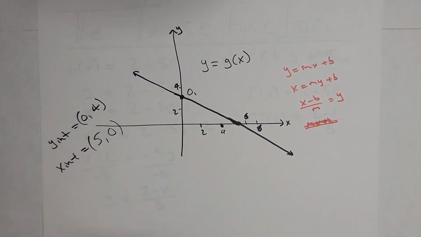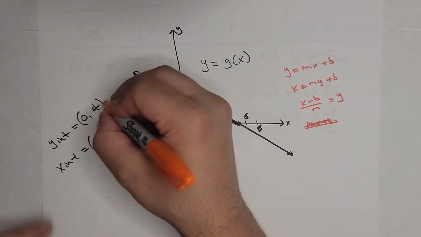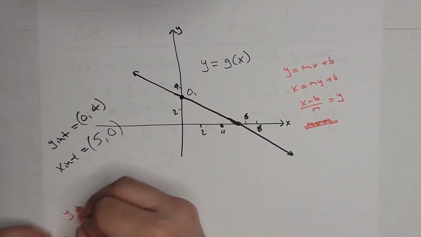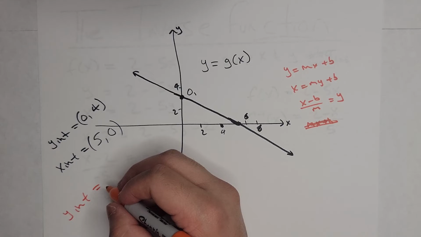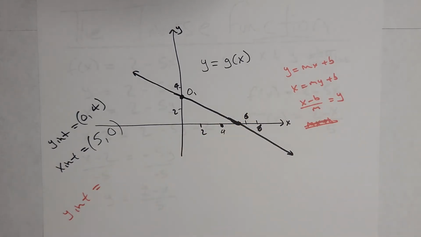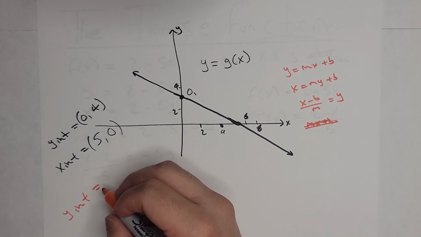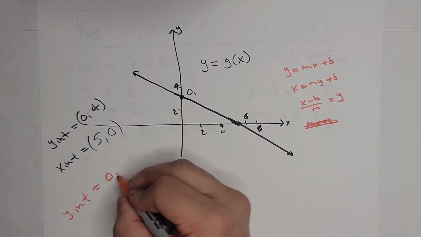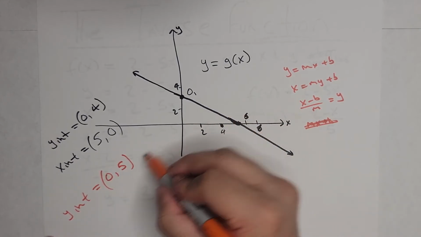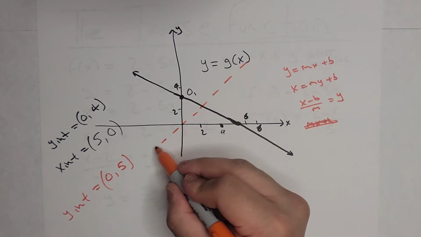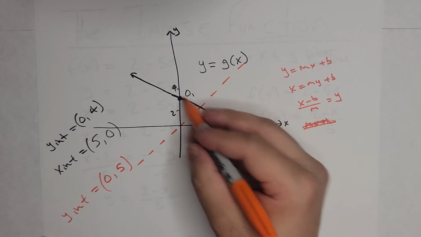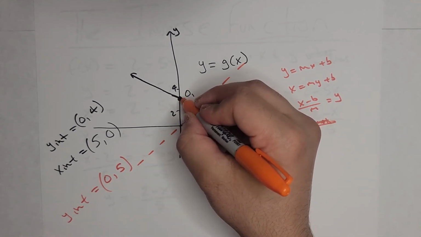So when we want to do the inverse, let's swap these around. Our y-intercept will become, we're going to swap the 2, and that will give me, this point will be mapped to the inverse.